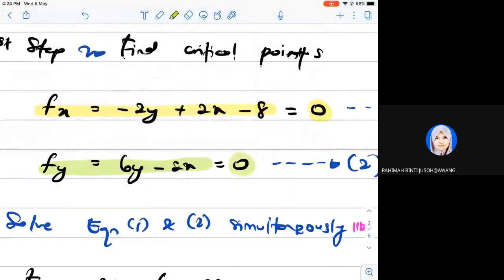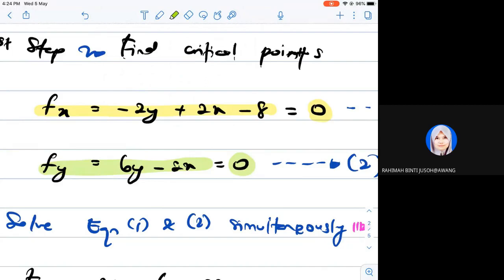Sebab every semester student saya mesti ada salah cari critical point. Dia dah cari critical point tapi nilai tu salah. Nilai X dengan Y yang you dapat tu, dapat tak kosong?